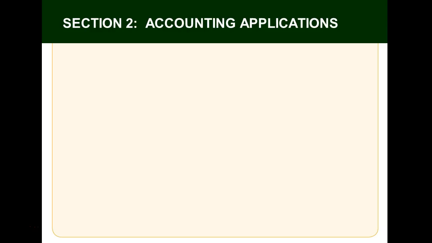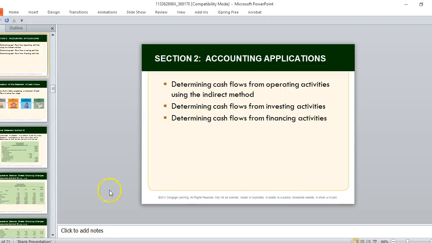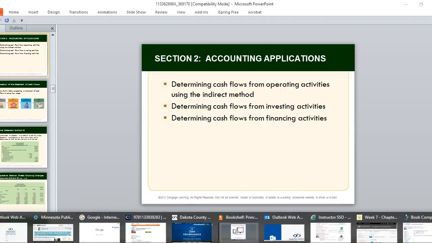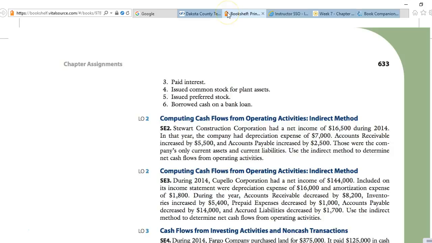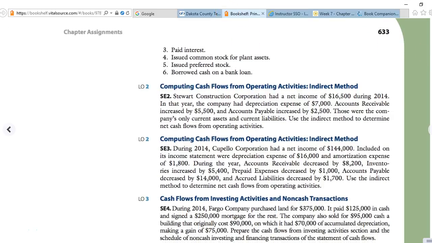So let's look at a problem. Okay? Let's go to SE2. Stewart Construction Corporation had a net income of $16,500 during 2014. In that year, the company had depreciation expense of $7,000.